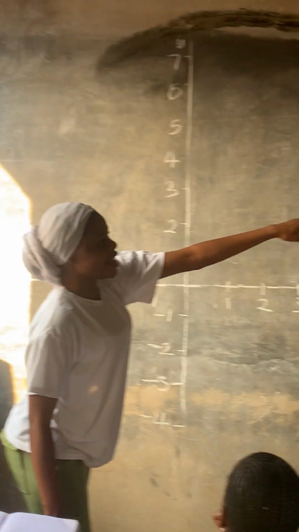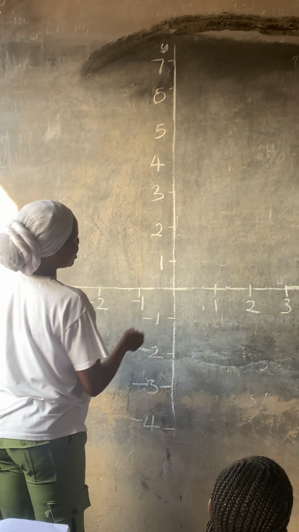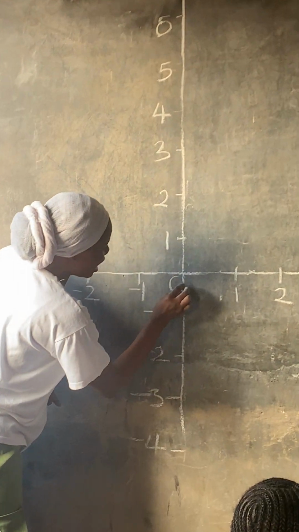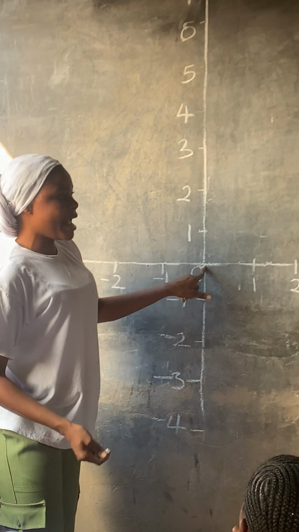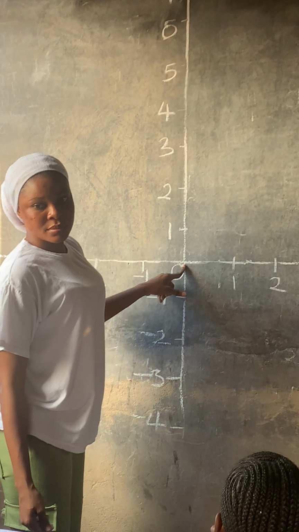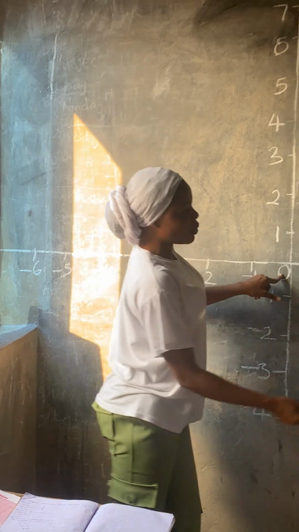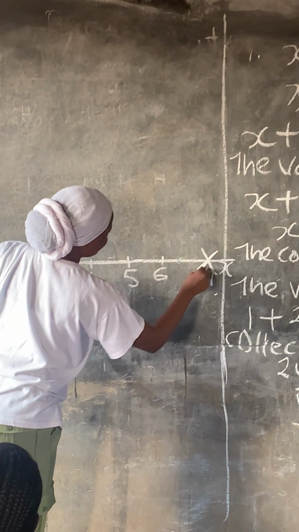So now for the first one, when y was 0, x was what? Remember, graph starts from the origin, which is 0. Please take notes. When y was 0, x was what? 7. You come to when you have 7, you start.